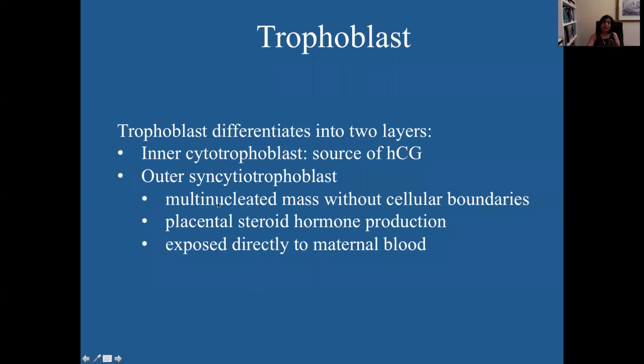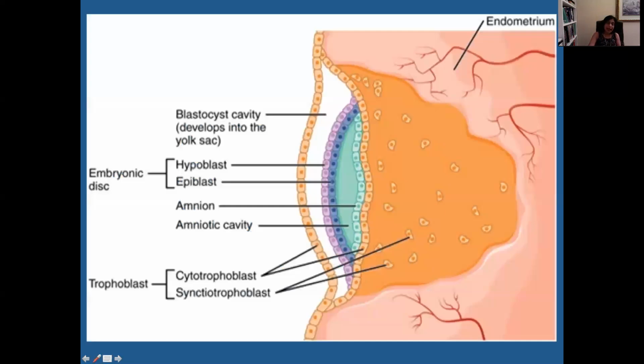Let's see here, multinucleated mass without cellular boundaries, placental steroid hormone production occurs here, exposed directly to maternal blood. Okay, this is where the enzymatic action will help burrow the structure much deeper within the endometrium.